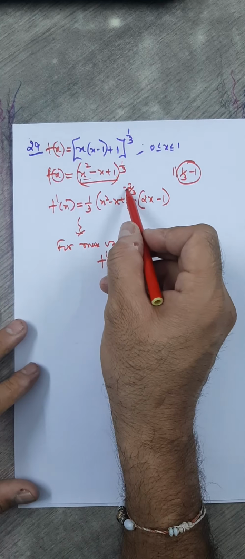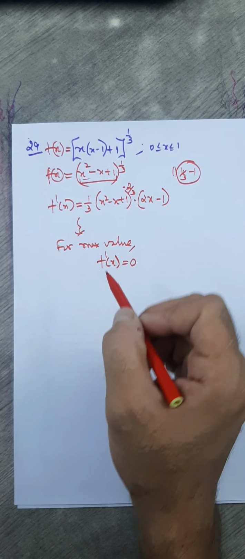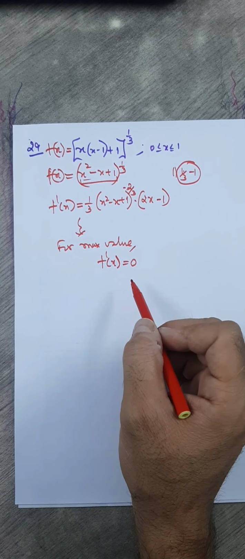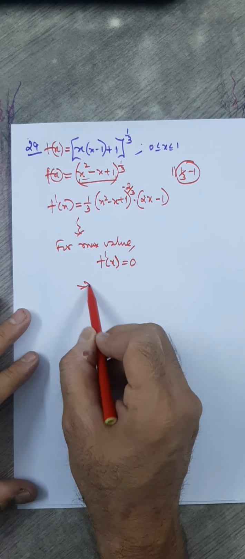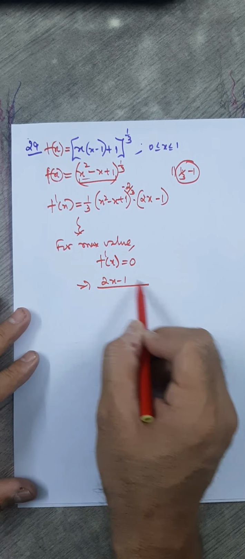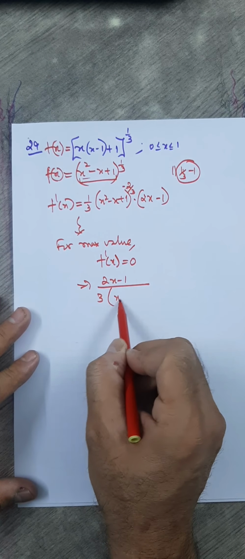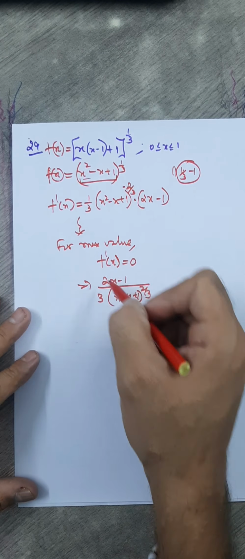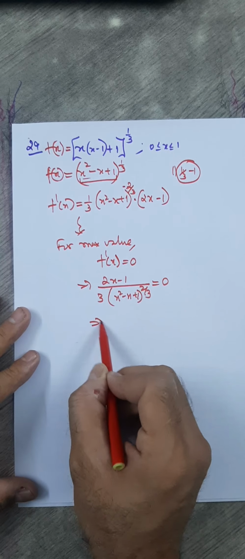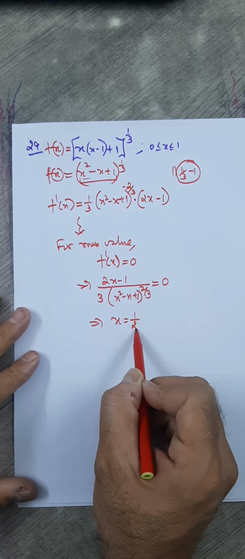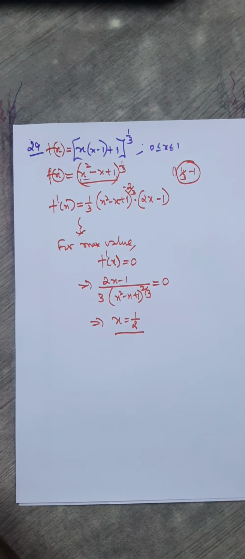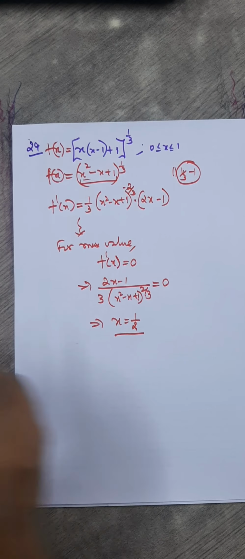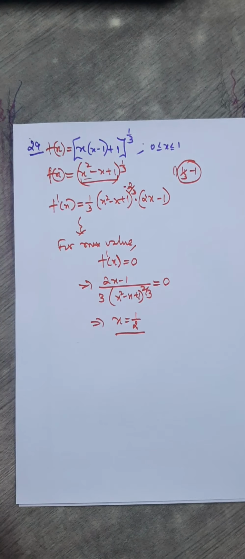So this being a negative power, it will go down. This will be in the denominator. So we have 2x minus 1 upon 3 into x square minus x plus 1 raised to 2 by 3, denominator equals to 0. So x is just half. X is how much? Half. And it is between 0 and 1. Keep in your mind.